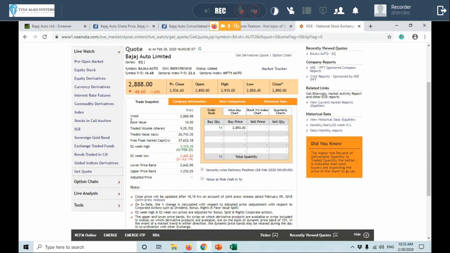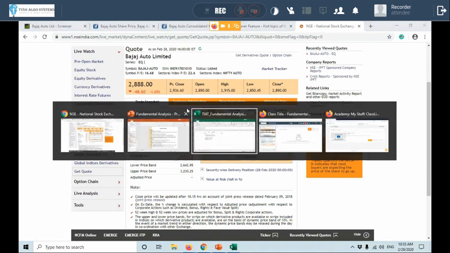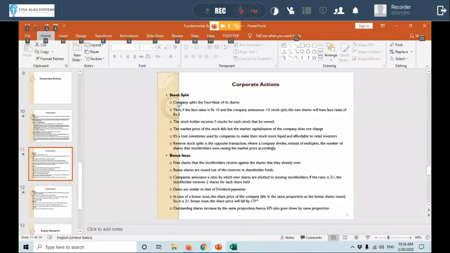See, this is the face value of Bajaj Auto, 10 rupees. If the company says that I will reduce the face value to 1:5, what they are saying is that the current face value, which is 10 rupees, I am dividing into 5.